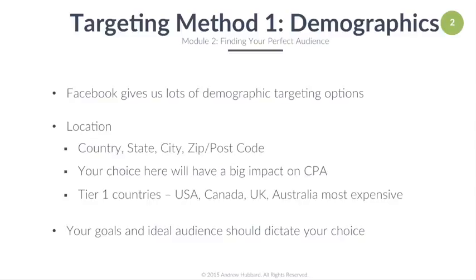Now, your goals and your ideal audience should dictate your choice of location targeting, because where you should be targeting really depends on what your goal is. Let's say your goal is to run a campaign that has a positive return on investment from a monetary perspective.